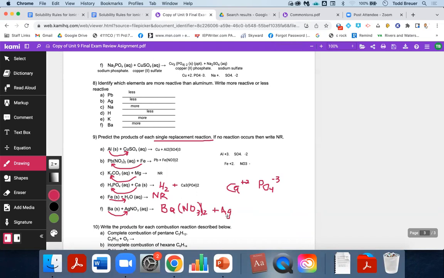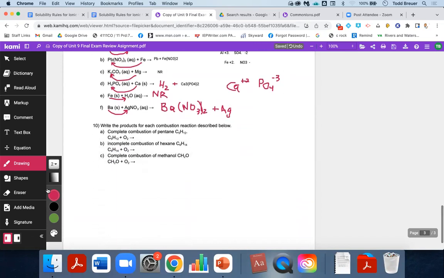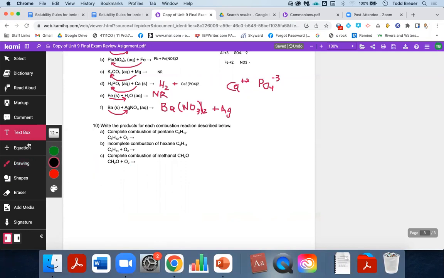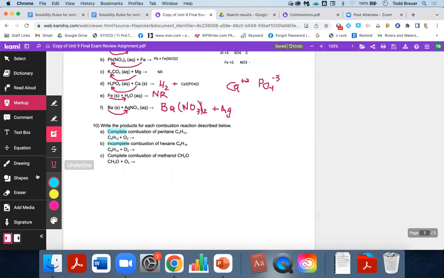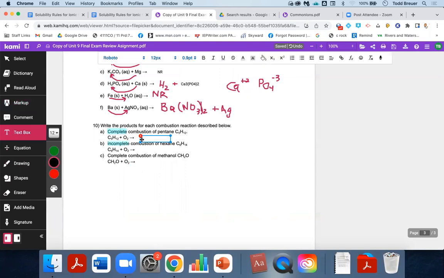You use the activity series. And lastly, in the assignment, predicting products of combustion reactions. Basically, just read the words, folks. Look for complete or incomplete. When it says complete combustion of any kind of a fuel or a hydrocarbon, the complete combustion products are always carbon dioxide and water.